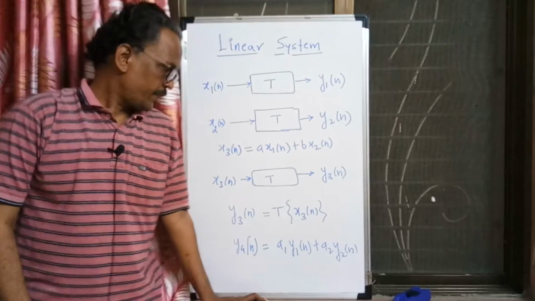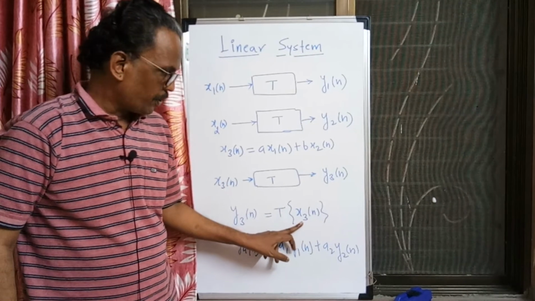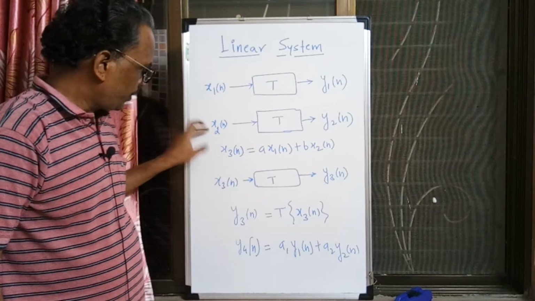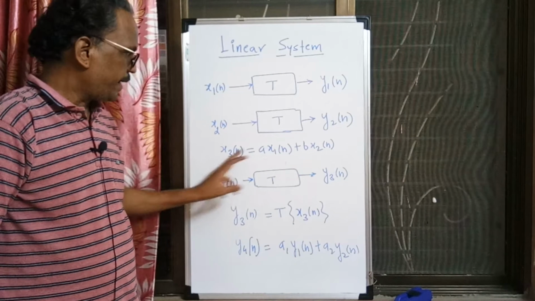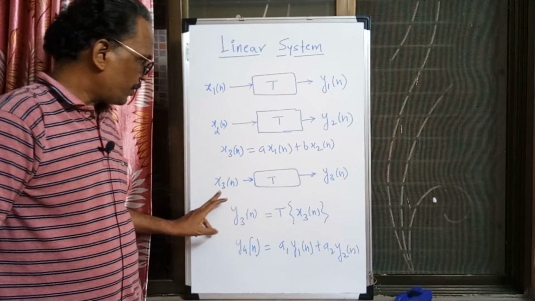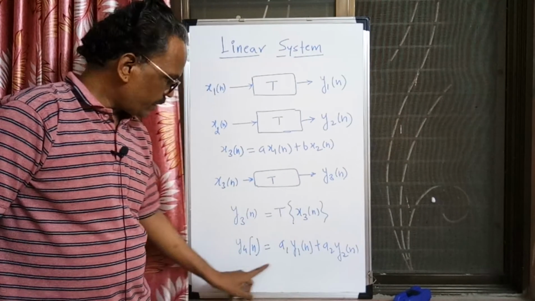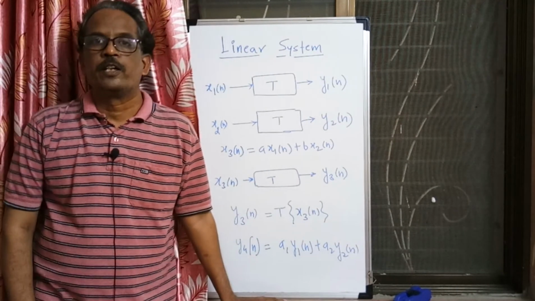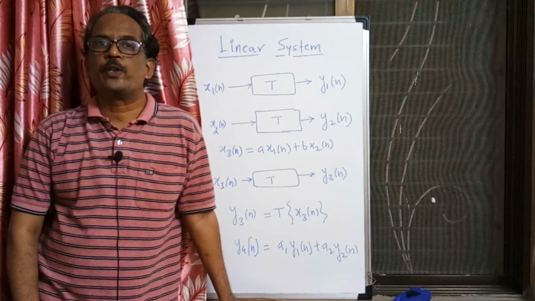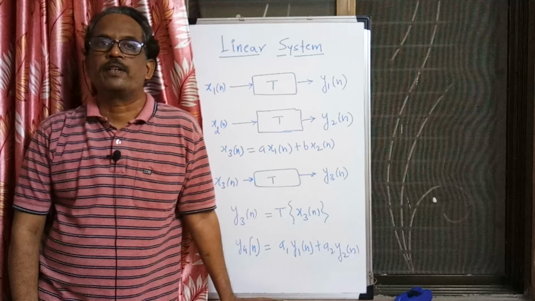And this x3[n] is nothing but a linear combination of inputs. So if the response of the system to the linear combination of inputs is equal to the linear combination of each of the outputs for these individual inputs, then we can say that the system is linear.